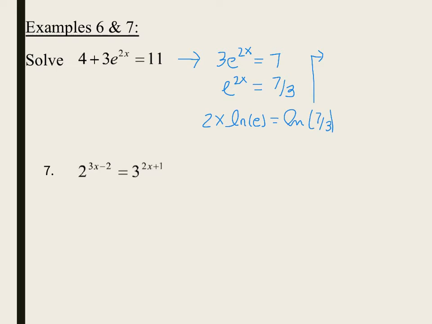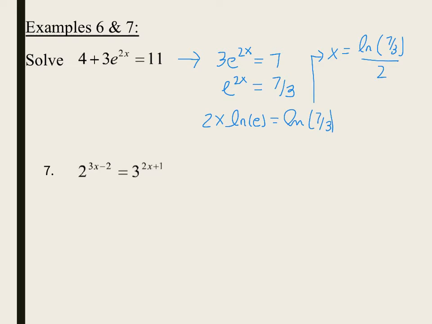So we just end up with x is equal to the natural log of 7/3 divided by 2. And of course, we can use our calculator to find an answer for that, but I'll leave that for you to discover.